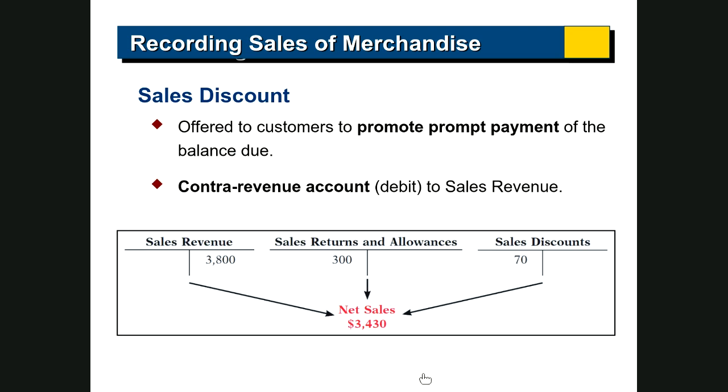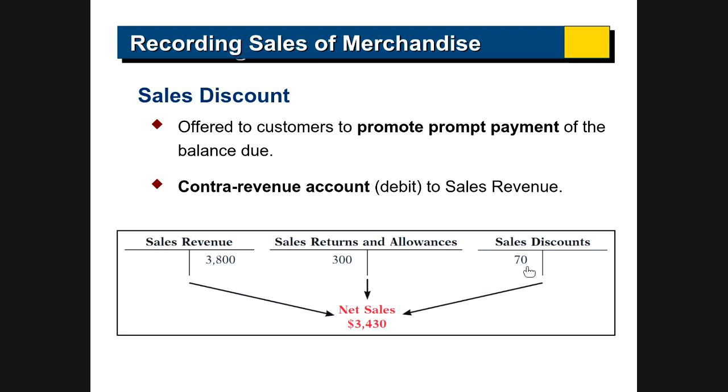Okay, so now we have three different things going on here. The sales revenue was recorded at $3,800. $300 was returned, and then you have the other entry, which is the sales discount, also recorded as a separate item. Debit sales discount.